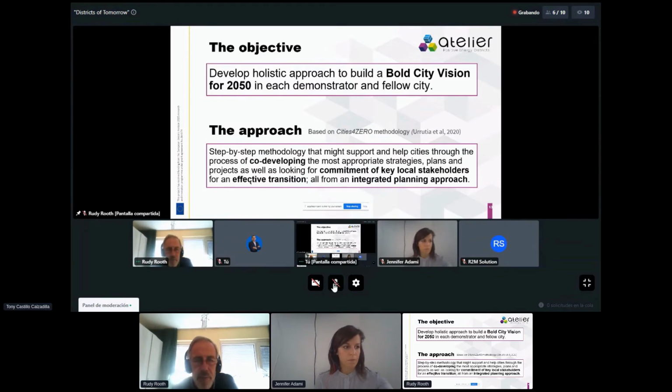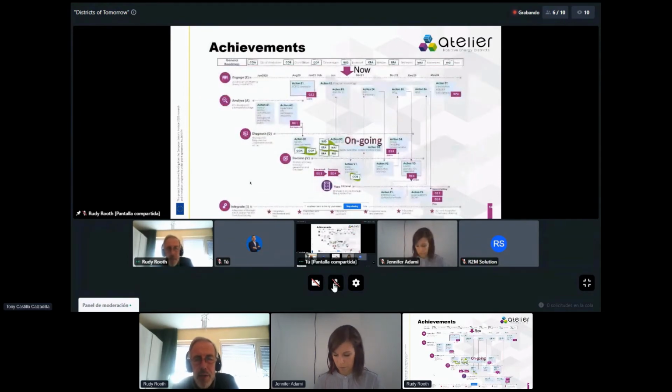A lot of work is going on there. This is a very crowded sheet, but you can see in terms of the timing that we are now in the middle area of the sheet, which is the diagnosis of the various cities in order to be able to do proper planning in these city visions.